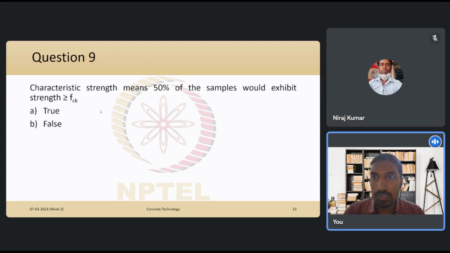Okay, so question 9, it's about characteristic strength. So the statement is, characteristic strength means 50% of the samples would exhibit a strength greater than or equal to FCK. So is this statement true or false?